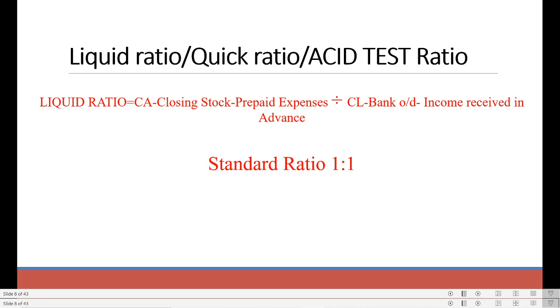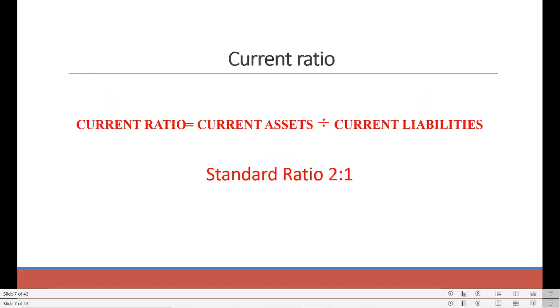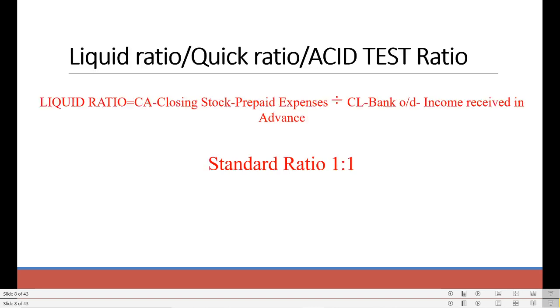Here I will be considering the proportion of liquid assets and liquid liabilities. Current assets or current liabilities is a broader term, which includes liquid, that is quick, and non-quick assets, as well as the same for liabilities. But liquid ratio focuses only on liquid assets, that is quick assets and quick liabilities.